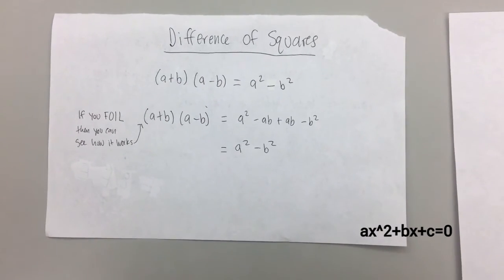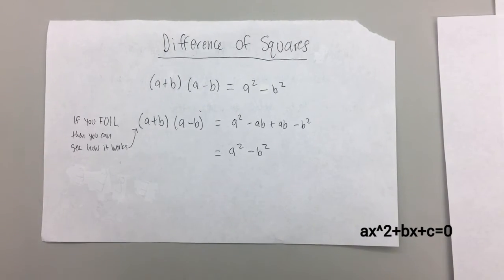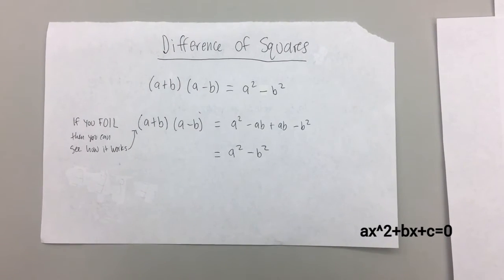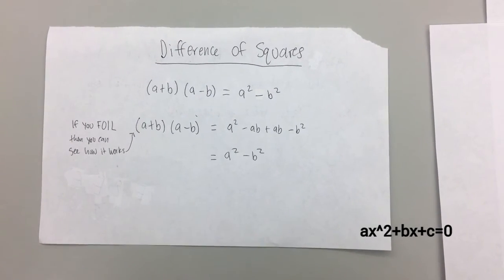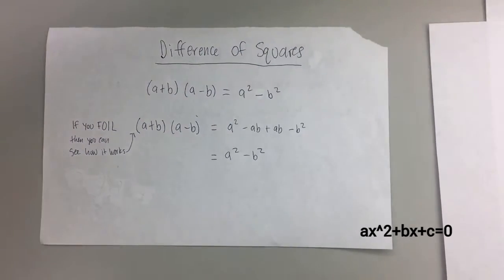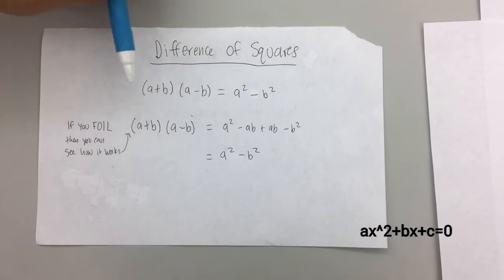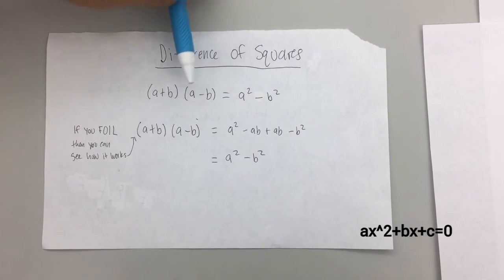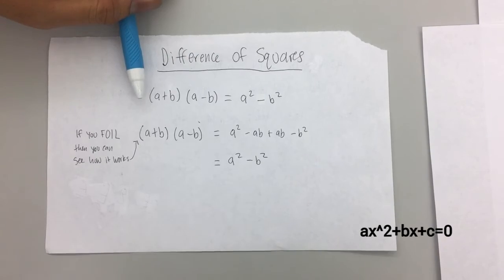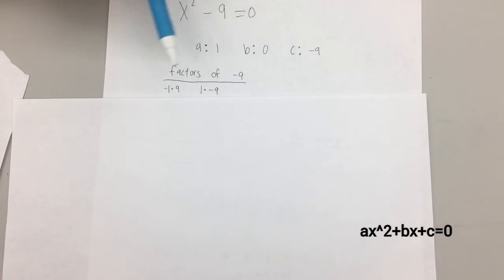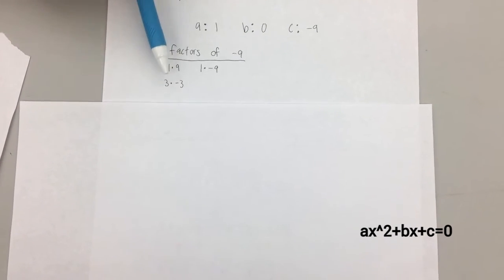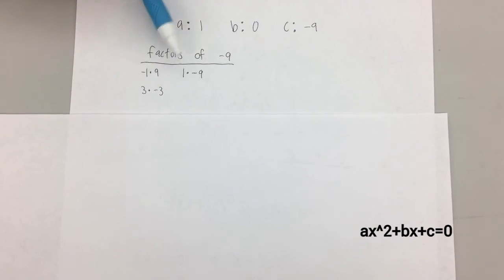So difference of squares, the following shows how it is proved and how to use it. First of all, you have to have a perfect square as your c value, and this is because there's a positive and a negative which is factored out. So over here, the factors of negative 9 are 3 and negative 3.